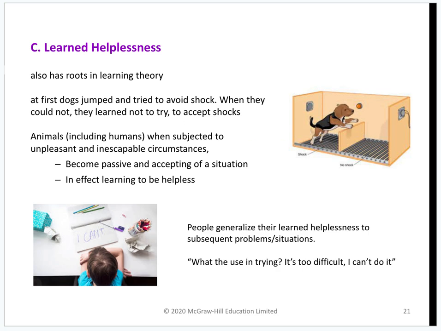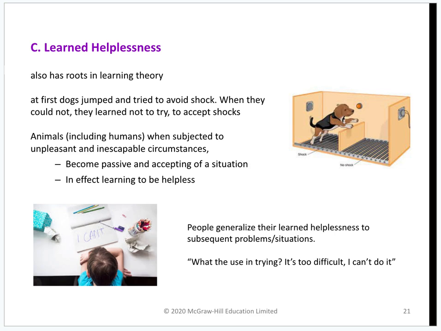So originally the dog is learning that you can escape if you jump. But then they shocked both sides. Very sad for the dog. The dog learned very quickly, even when they jumped, it made no difference. They were still getting shocked. So eventually they learned that nothing they do makes any difference, so they give up.